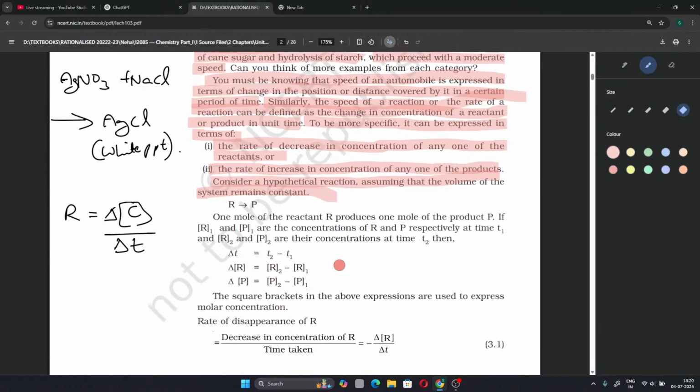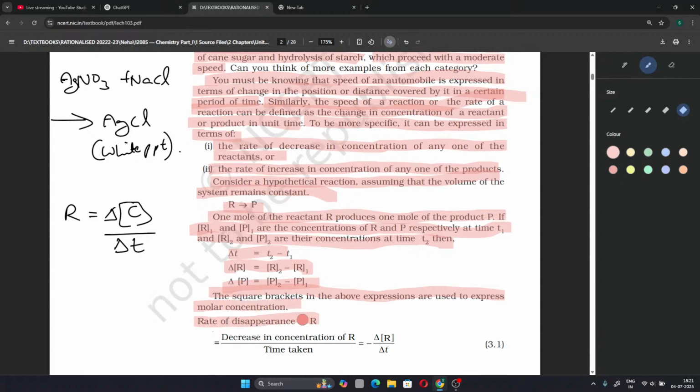The reaction is reactant R turning into product P. 1 mole of reactant R produces 1 mole of the product P. If R1 and P1 are the concentrations of R and P respectively at time t1, and R2 and P2 are the concentrations at time t2, then delta t is t2 minus t1, delta R is R2 minus R1, delta P is P2 minus P1. The square brackets are used to express molar concentration.